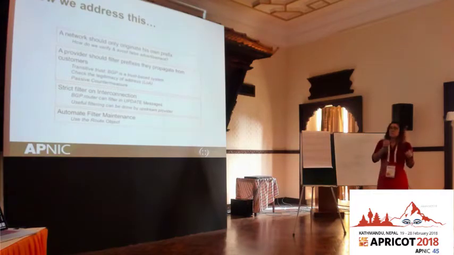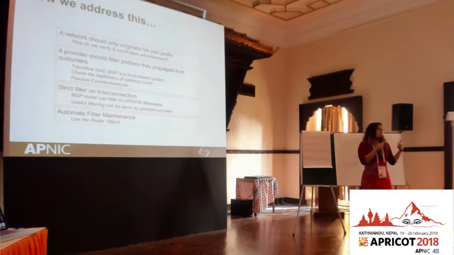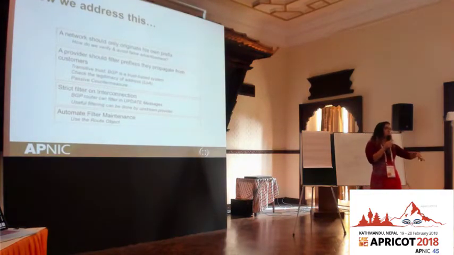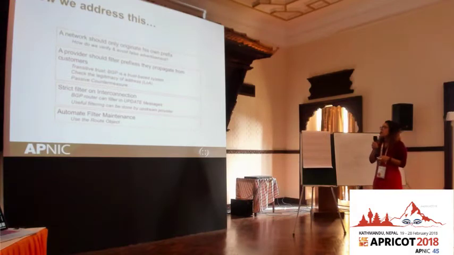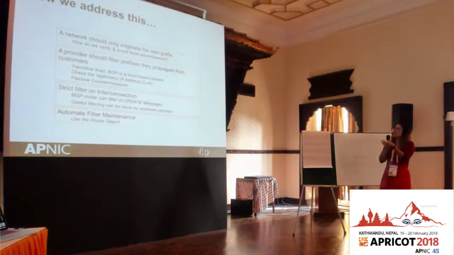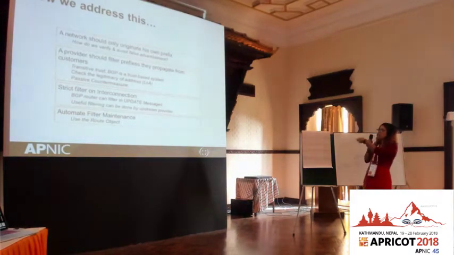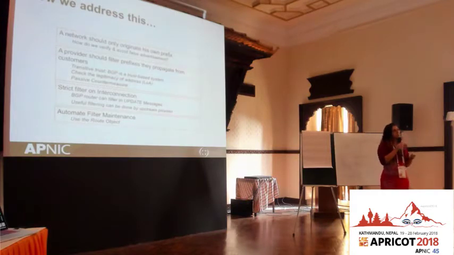For example, providers, when they start receiving new announcements from their downstreams, should verify that the downstream is the holder of that prefix. And so how do they do that? They should check the legitimacy of the addresses with a letter of authority, for example. And they can also use route objects, for example, in an internet routing registry.